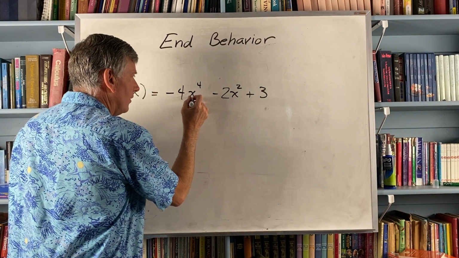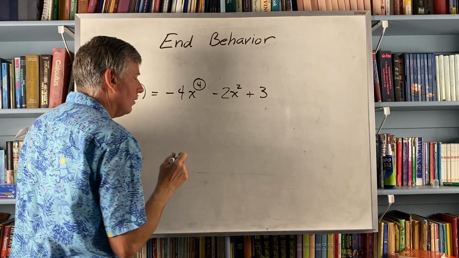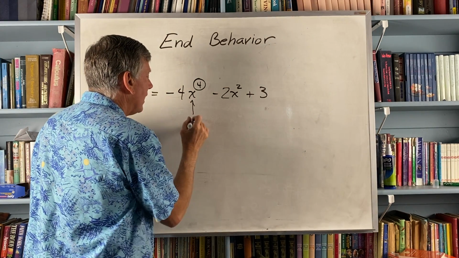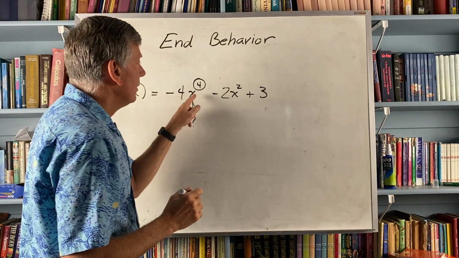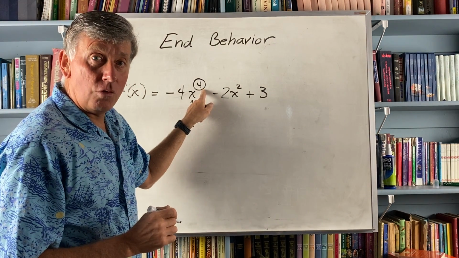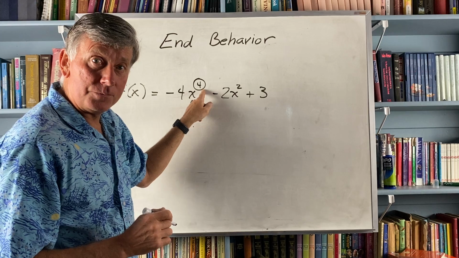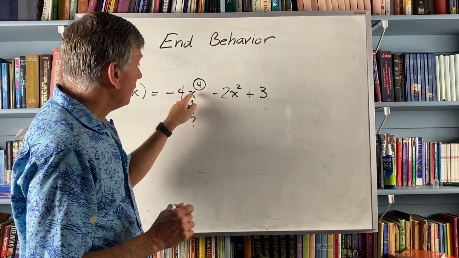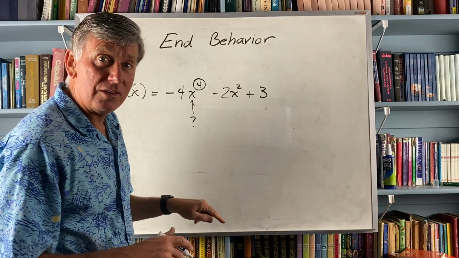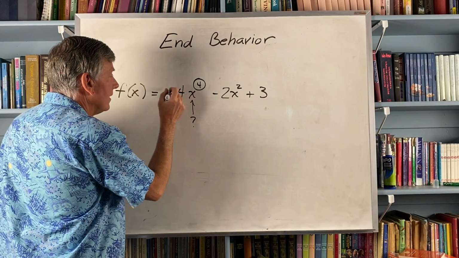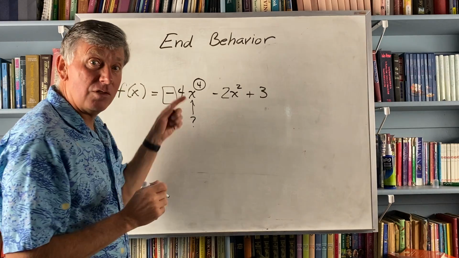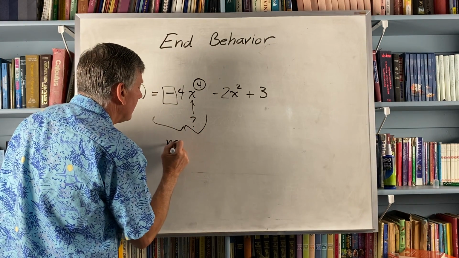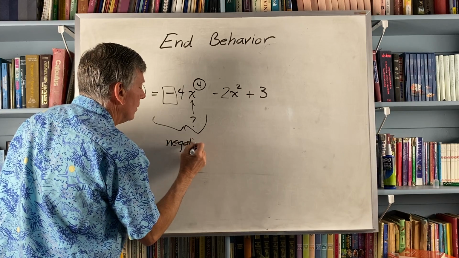If I have this term with an even exponent, it doesn't matter what value I put in for x, x to the fourth is going to be positive. Doesn't matter whether x is small or x is large, x to the fourth will always be a positive number. And thus, with this negative number in front of it, this whole thing will always be negative.